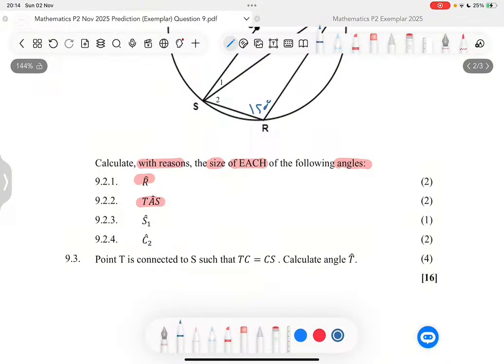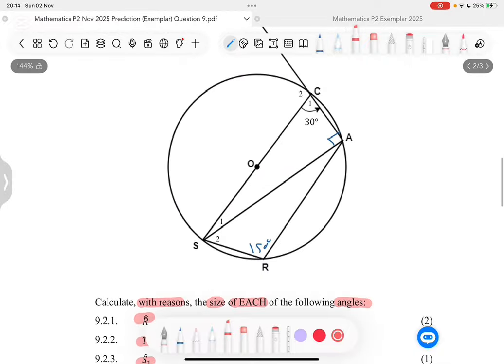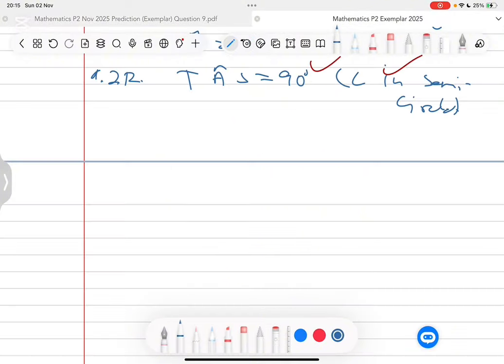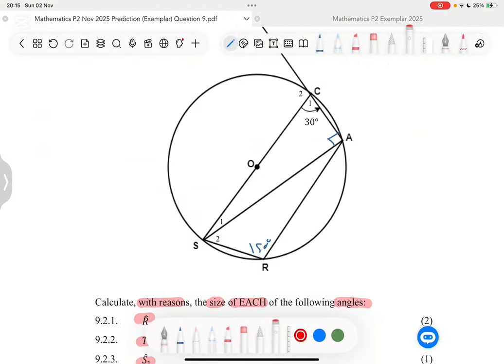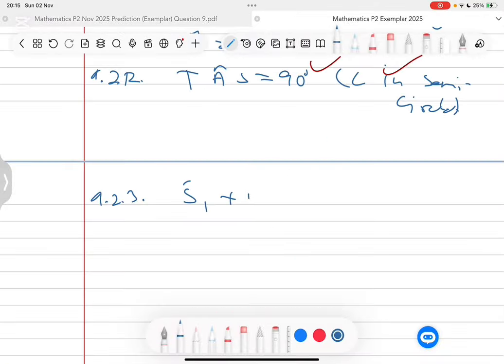Now, the next question says we must find angle S1. When we look at S1, it's actually sitting here. And for me, I see a triangle CAS. That means I can use the classical theorem that says the sum of angles in a triangle is 180 degrees. So here, 9.2.3, we have angle S1 plus angle A plus angle C equals 180 degrees.